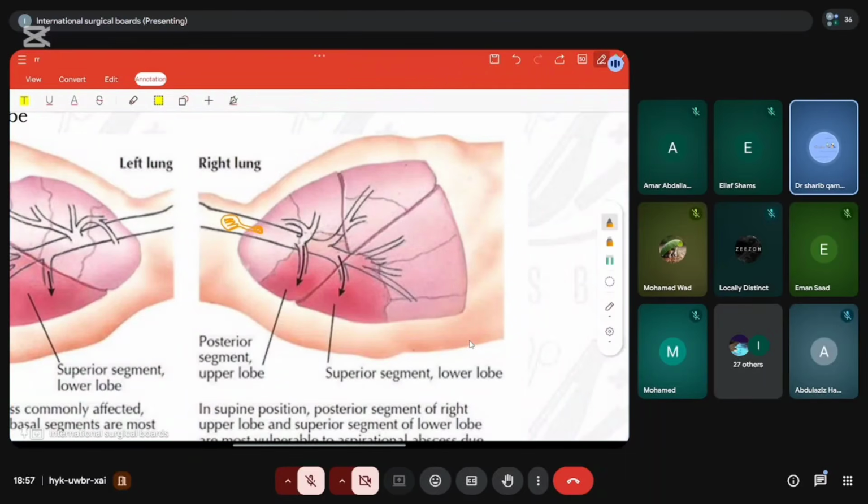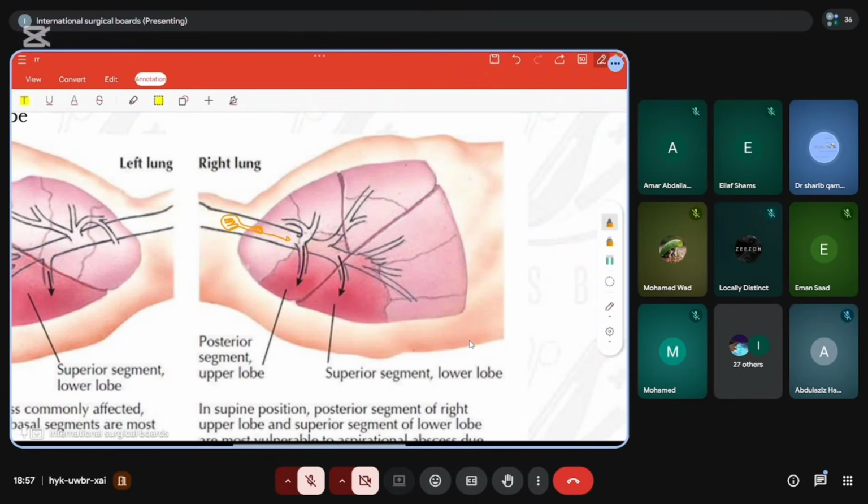When the piece of chicken moves through the right main stem bronchus, the most likely two locations are, look, this is lower lobe of lung, the middle lobe, that's right lobe, upper lobe. This is upper lobe, okay? Now, it is either here, that's posterior segment of upper lobe, or superior segment of lower lobe.